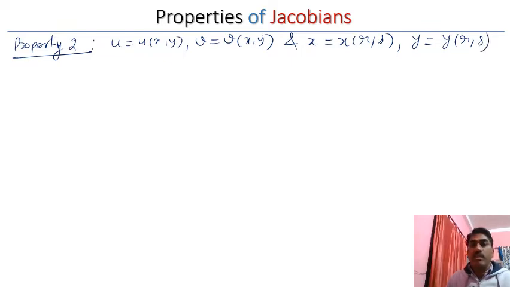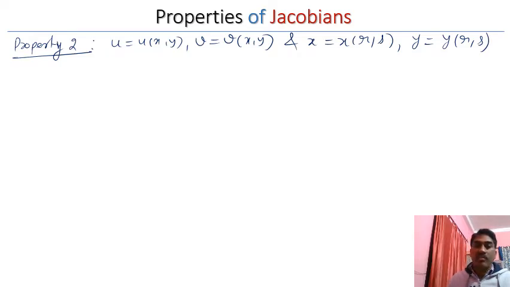So you can view it as u and v are finally functions of r and s. Because in the first pair u and v are functions, x and y are variables. In the second pair x and y are functions and r and s are variables.